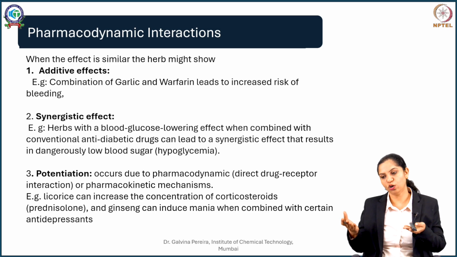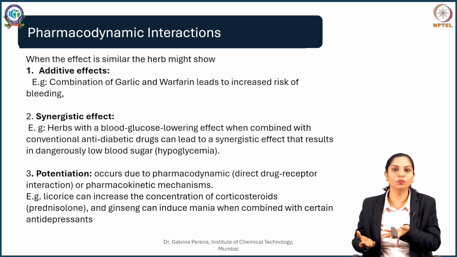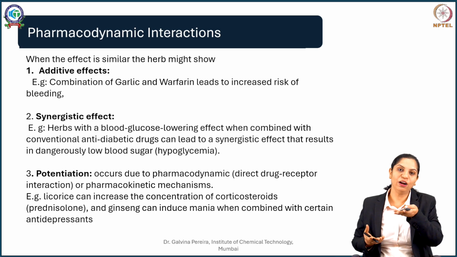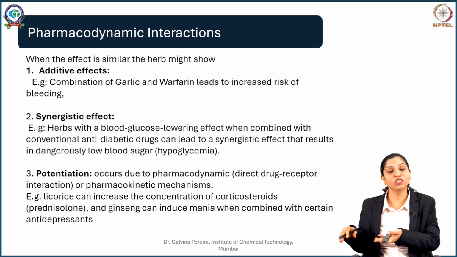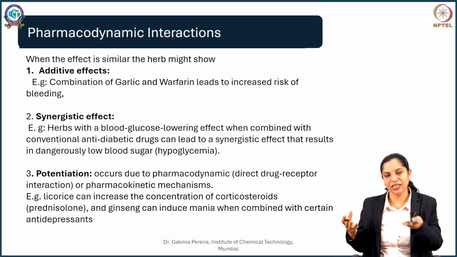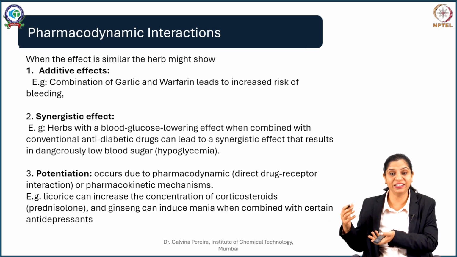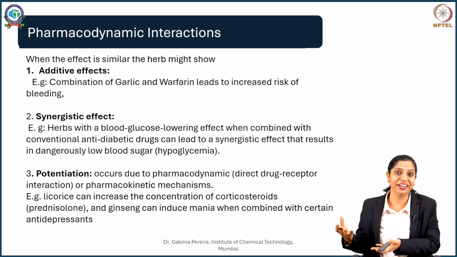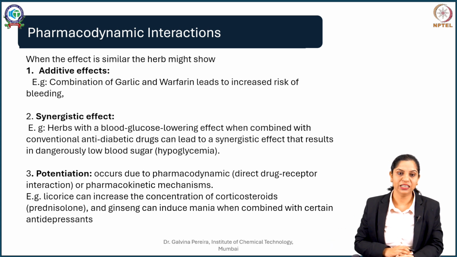So what happens is your sugars are already low because of the tablets and you are consuming something more herbal which is also known to decrease the blood sugar, and in some cases also give rise to insulin sensitivity. Now, this decrease in sugar level and increase in insulin sensitivity can cause more than an additive effect and your blood sugar levels might drastically drop down. So you need to be careful with that.